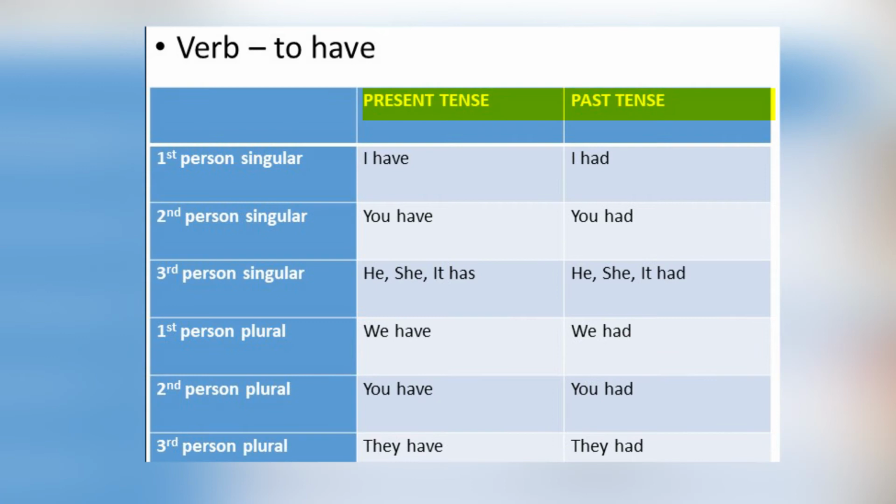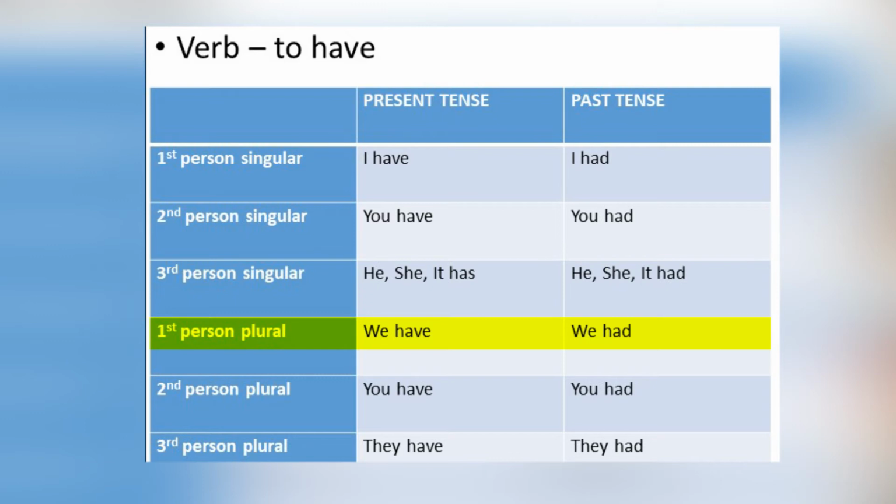Now let's look at the conjugation of another verb. To have. Are you ready? So once again, we have a similar table. First person singular. I have, in the past tense, I had. Second person singular, you have, in the past tense, you had. Third person singular, he, she, it has, past tense, he, she, it had.